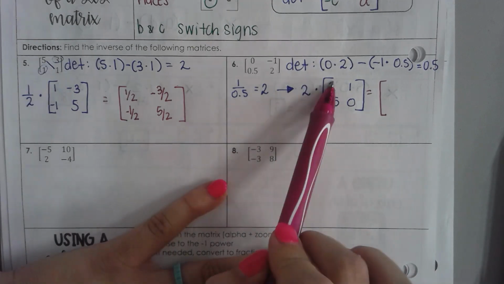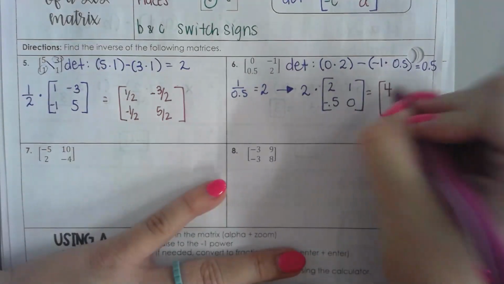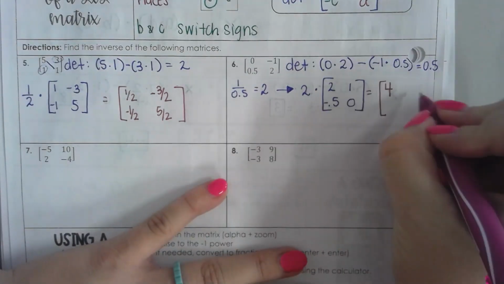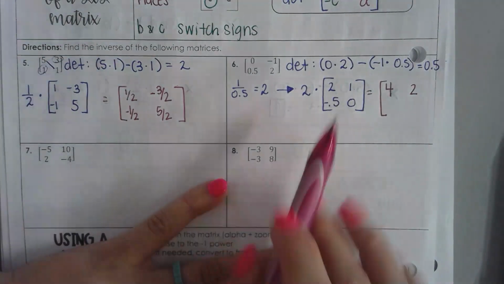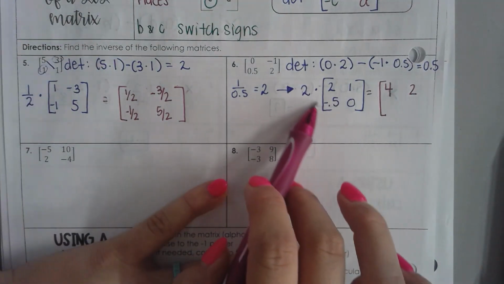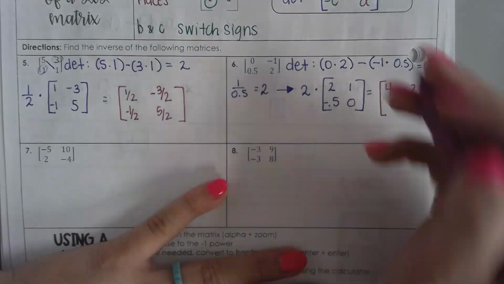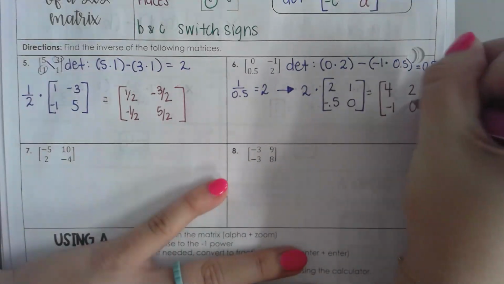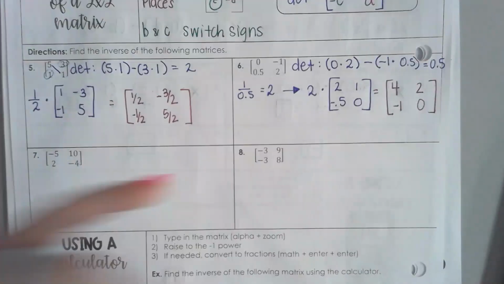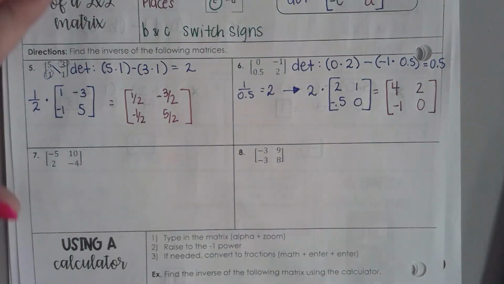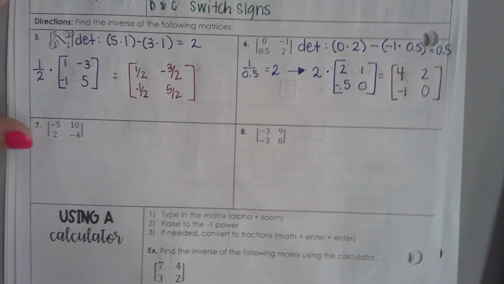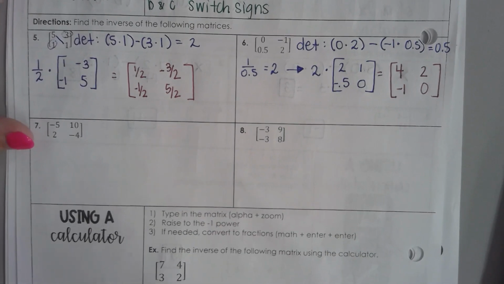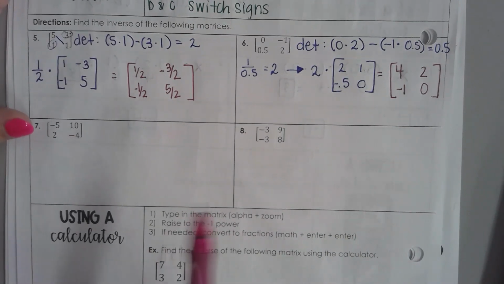So 2 times 2 is 4. 2 times 1 is 2. What's 2 times -0.5? -1. And 2 times 0 is 0. Any questions?